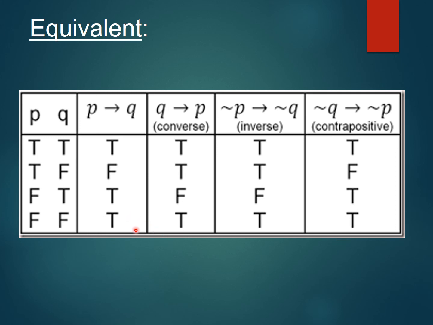So they are equivalent to each other. Also, if you see the columns for the converse and inverse, both have the same truth values. So the converse and inverse are equivalent to each other.